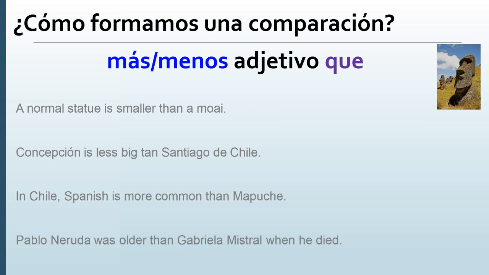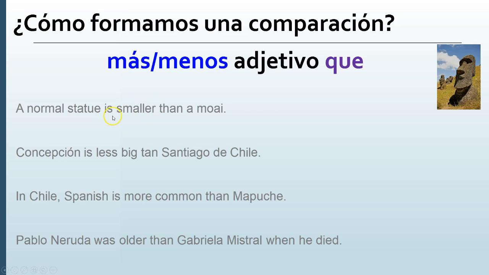¿Cómo formamos una comparación? Using más o menos adjetivo que. So, we will do the first one together, and then I'd like you to pause and do the other three by yourself. So a normal statue is smaller than a moai, which is one of these guys over here on Easter Island. So, first of all, a normal statue is going to be una estatua normal.